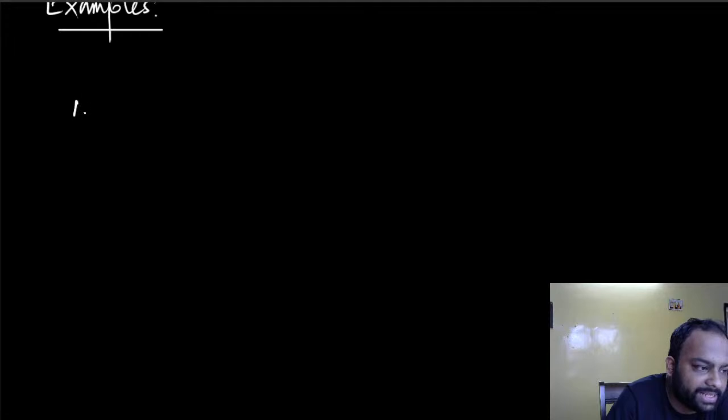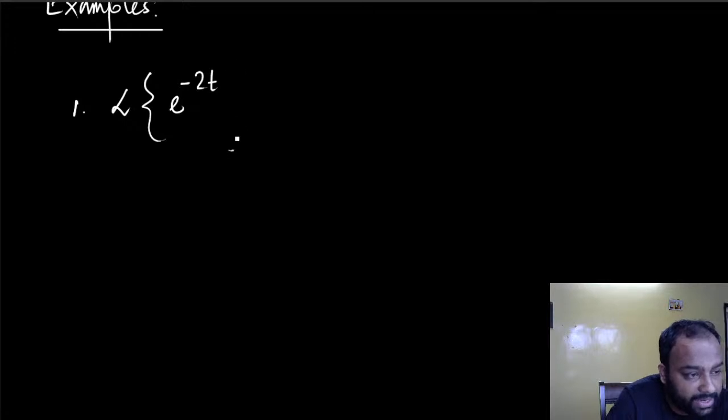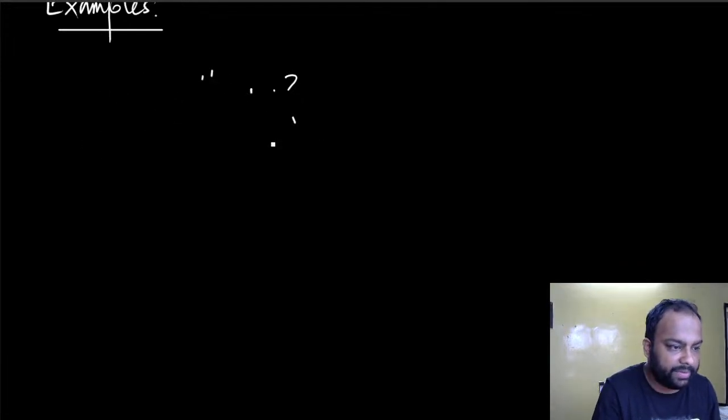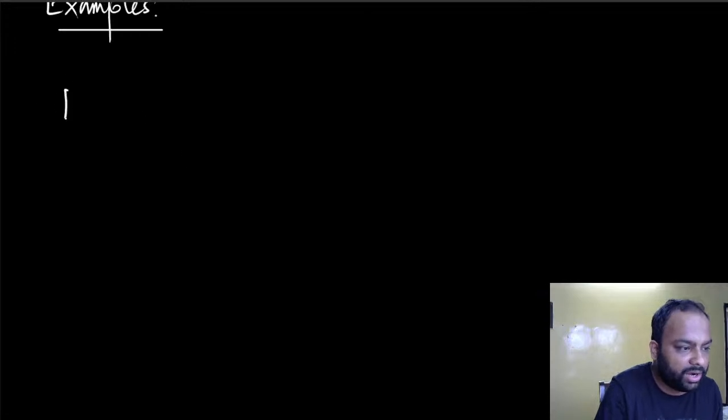So number one example: what is the Laplace transform of e to the power minus 2t ut? Thankfully this signal would also have a Fourier transform. So let's just say instead, what is the Fourier transform of e to the power minus 2t ut?